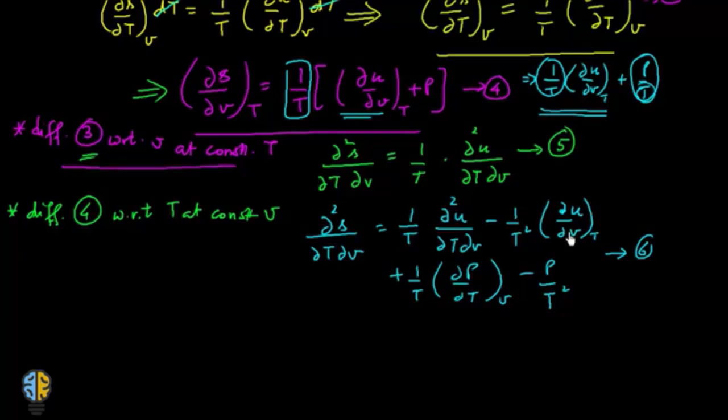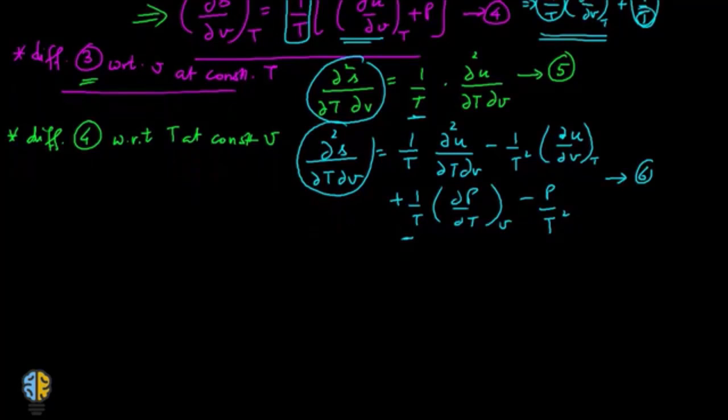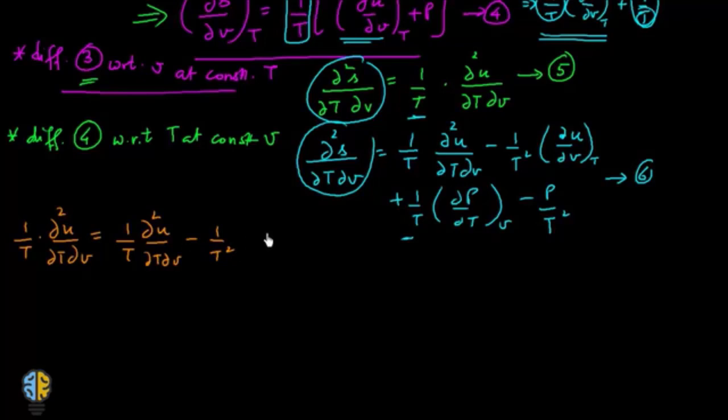So when you compare these two values, you can equate. So you have the value for this and this. So you can equate this part equal to this part. Alright, so when you compare them, you have the values as 1 upon T into ∂²U/∂T∂V is equal to 1 upon T into ∂²U/∂T∂V minus 1 upon T square into ∂U/∂V at constant temperature.